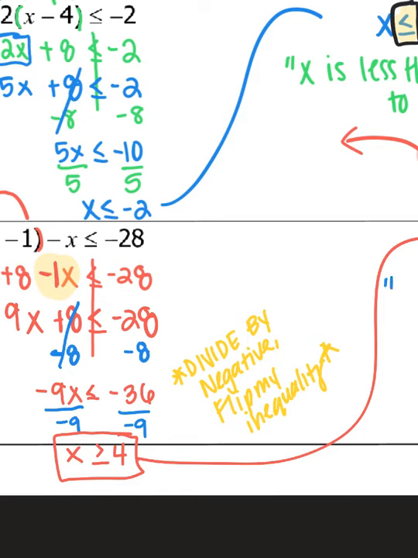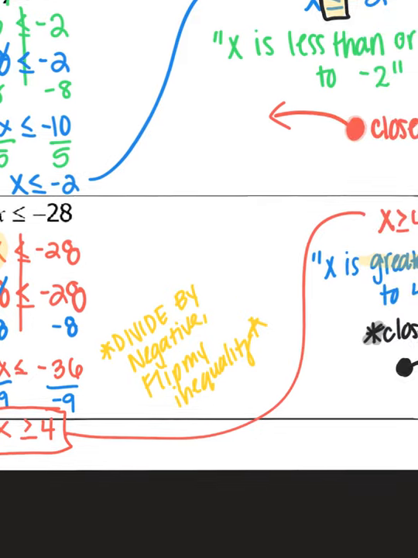Let me put this in words. X is greater than or equal to 4, which, because we are greater or equal, means that we are going to have a closed circle. So a closed circle, and if it's greater than, we are going to go to the right.